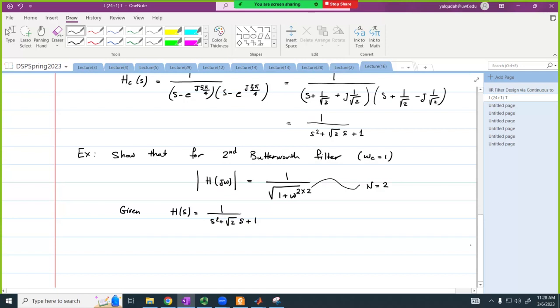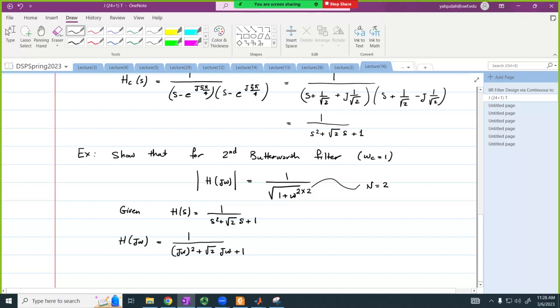Given that h of s is equal to this, I'm going to show that the magnitude of h of j omega is given by 1 over square root of 1 plus omega to the power of 4. So given this h of s, we can calculate h of omega, which is going to equal 1 over j omega squared plus square root of 2 multiplied by j omega plus 1.